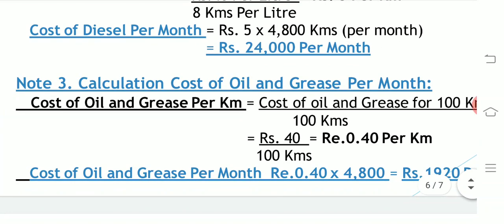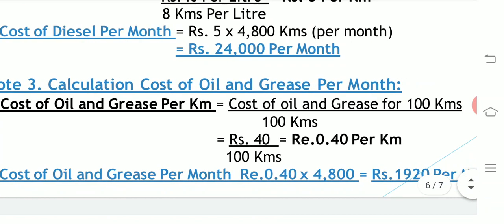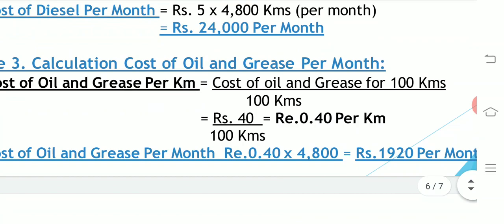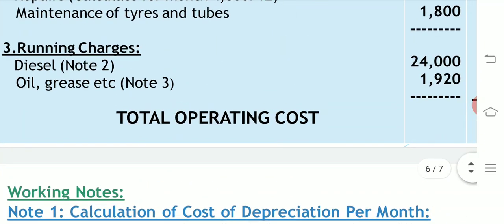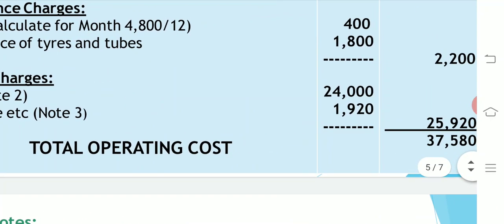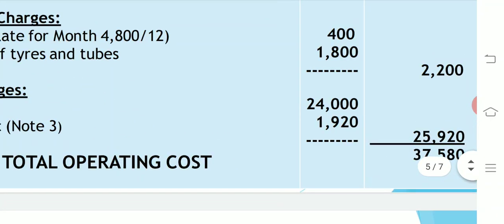We have to calculate it per month: rupees 0.40 into 4,800 kilometers per month is rupees 1,920 per month. That is the running charge for oil and grease in note 3. So total running charges come to 24,000 plus 1,920, that is 25,920.